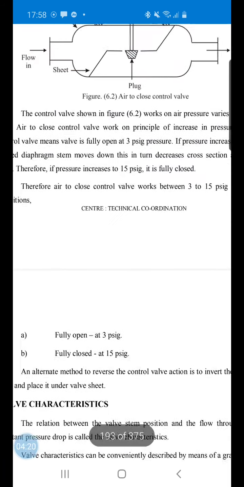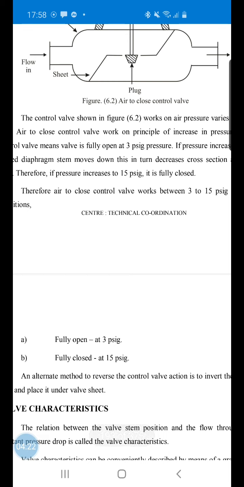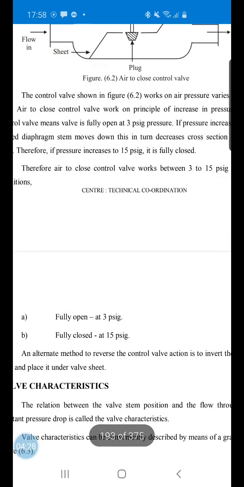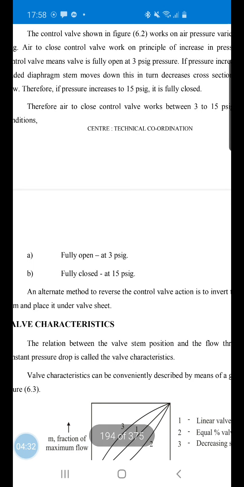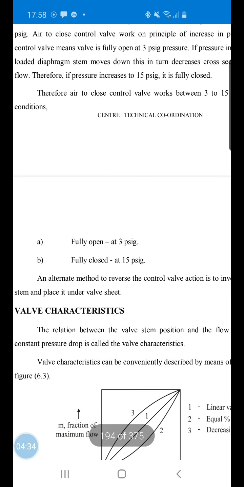Now if you ask whether we can convert air to open control valve into air to close, yes, it may be possible if you invert the plug position in the valve seat. You can convert air to open control valve into air to close control valve.